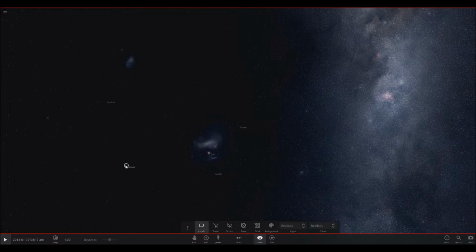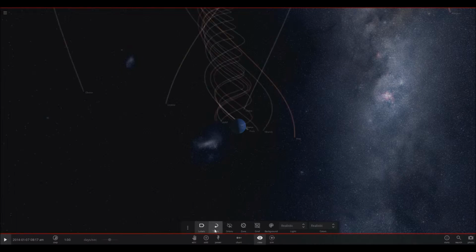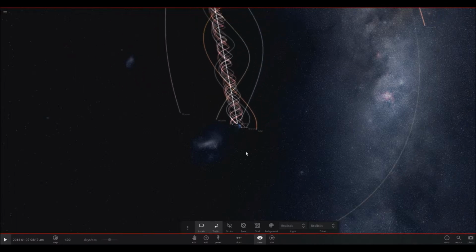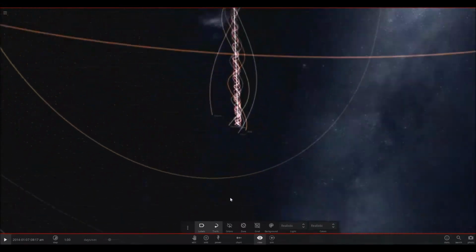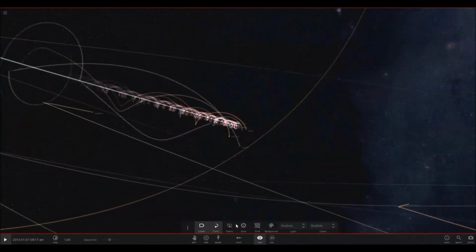next up we have Uranus. Lovely blue planet, which has got 27 moons. 27 moons, which is obviously a lot of moons.